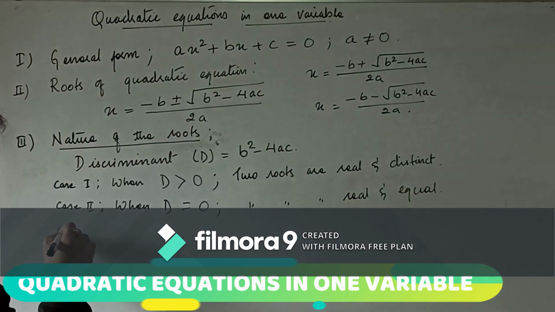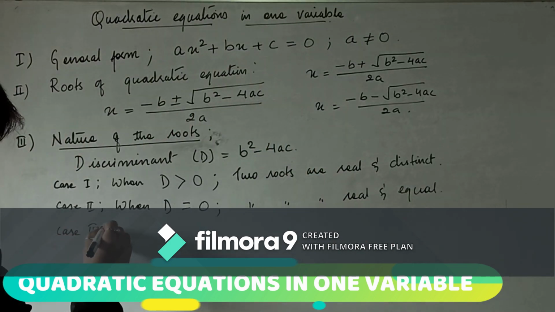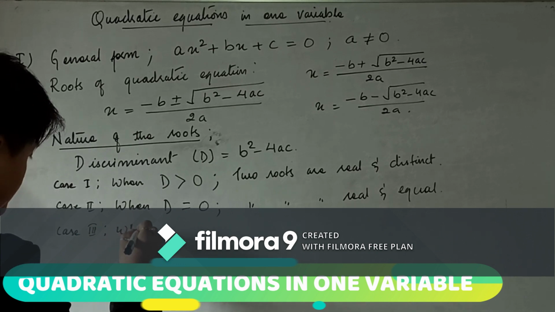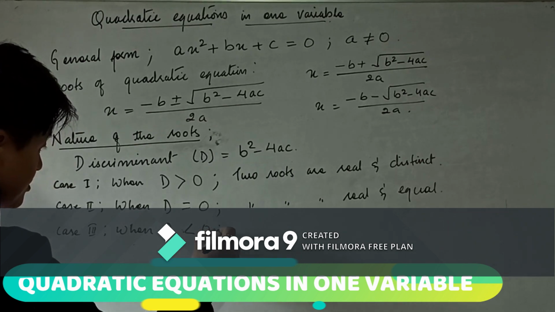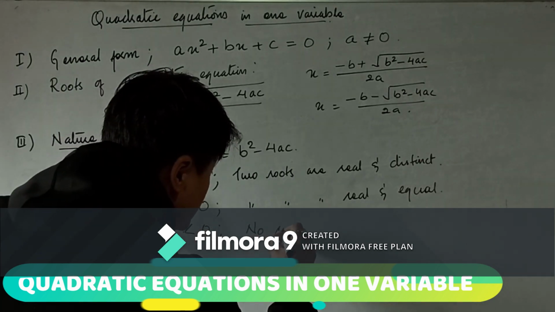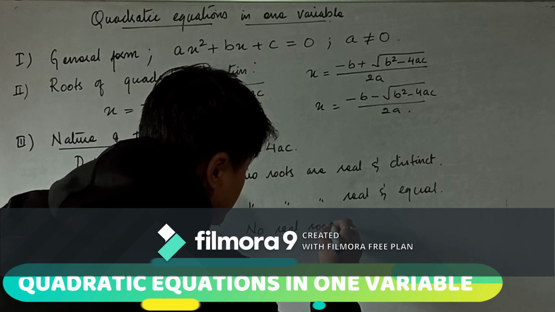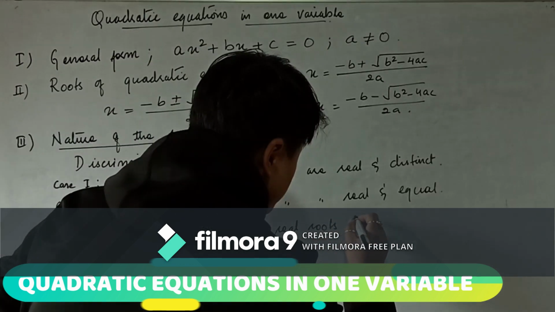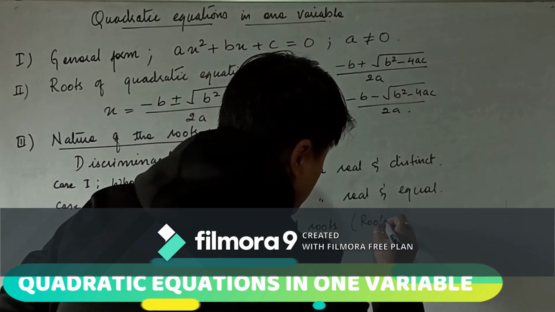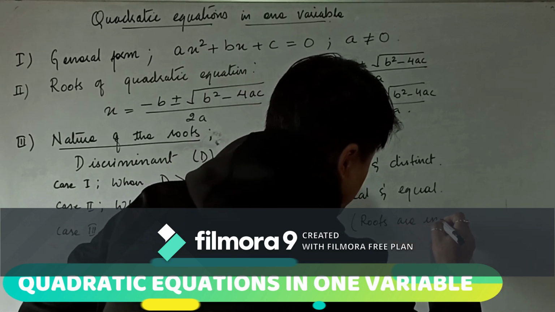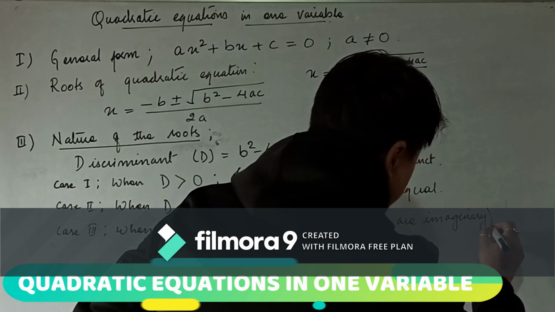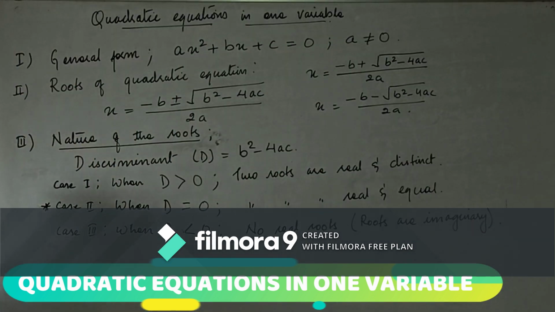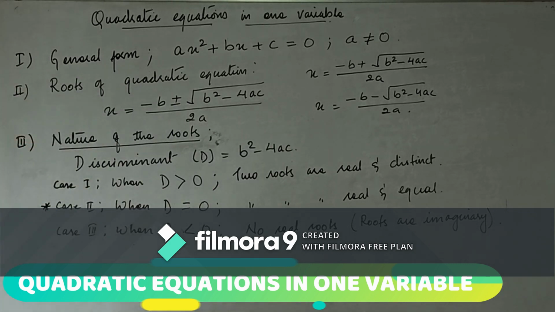Case 3: when the discriminant is less than 0, there are no real roots, or else we can say the roots are imaginary.